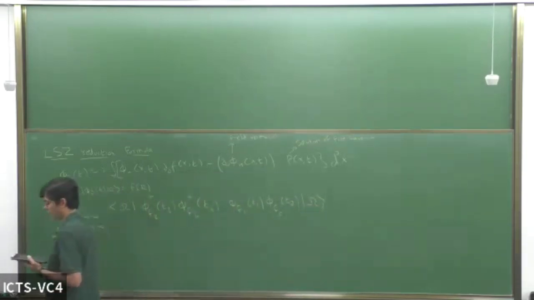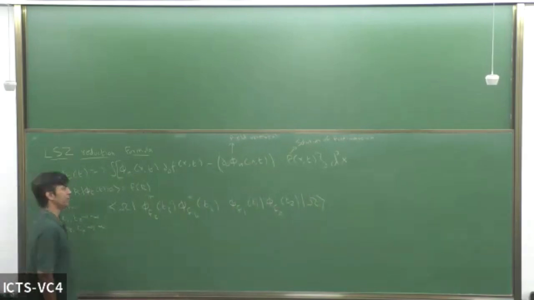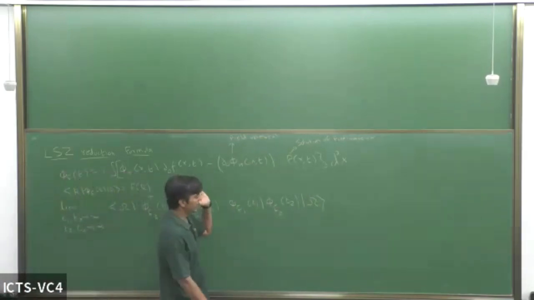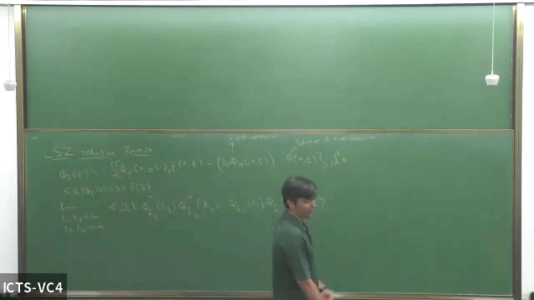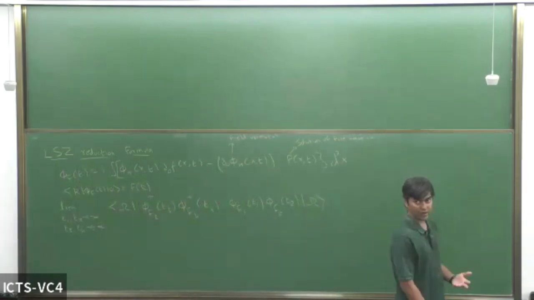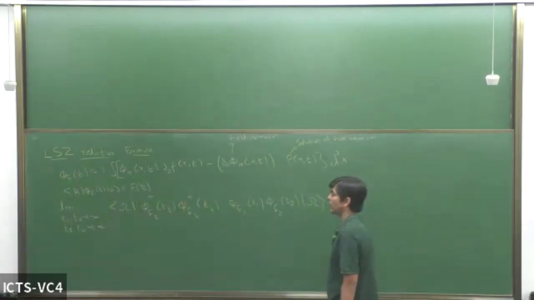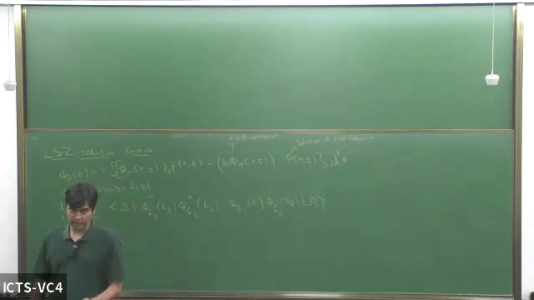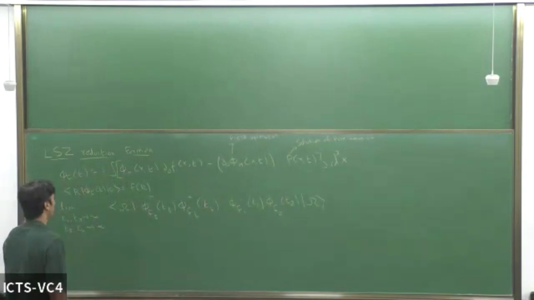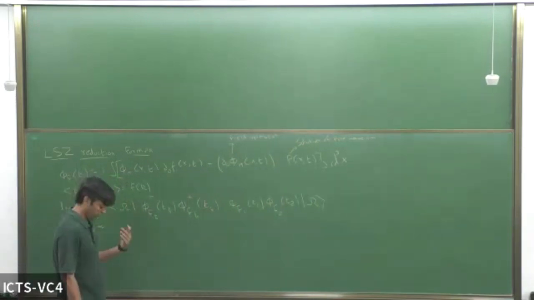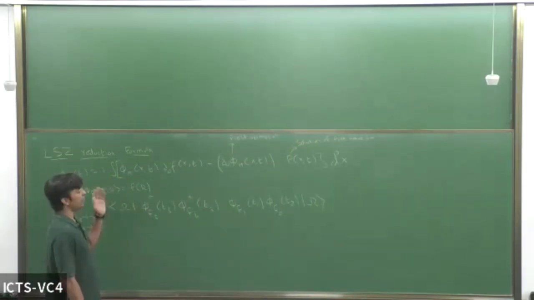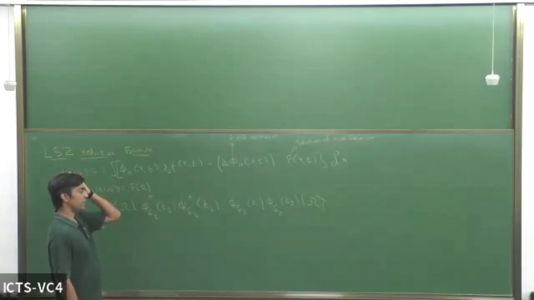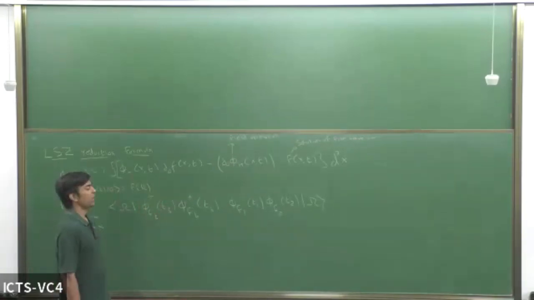So the idea was that if you want to define the S matrix, then you can define in states by basically acting with one of these guys, but acting in the far past. Okay, why do you have to act in the far past? Because when you act in the far past, you see this is not really a 1-particle creation operator. Right? This actually can create also multi-particle states. However, when you go to the far past or the far future, this kind of operator, the contribution of the multi-particle states goes away.